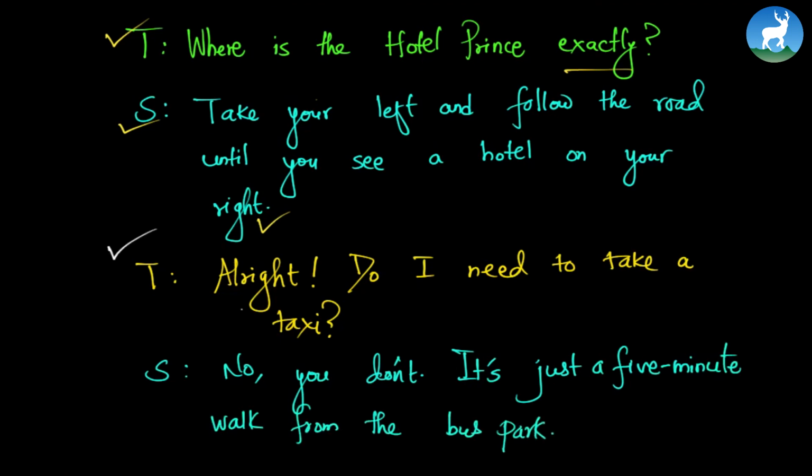Tourist would say, alright, do I need to take a taxi? Now, the student would say, no, you don't. It's just a 5-minute walk from the bus park. So, Hotel Prince is near and you don't need to take a taxi. It's easy, right? You can just walk away.